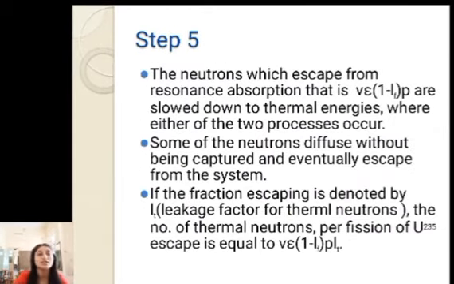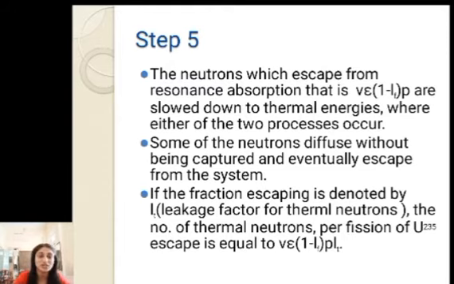Now what next? The neutrons which escape from resonance absorption, that is nu epsilon (1 minus LF) into P, are slowed down with the help of the moderator to thermal energies, where two processes are possible. First, some of the neutrons diffuse without being captured and eventually escape from the system.